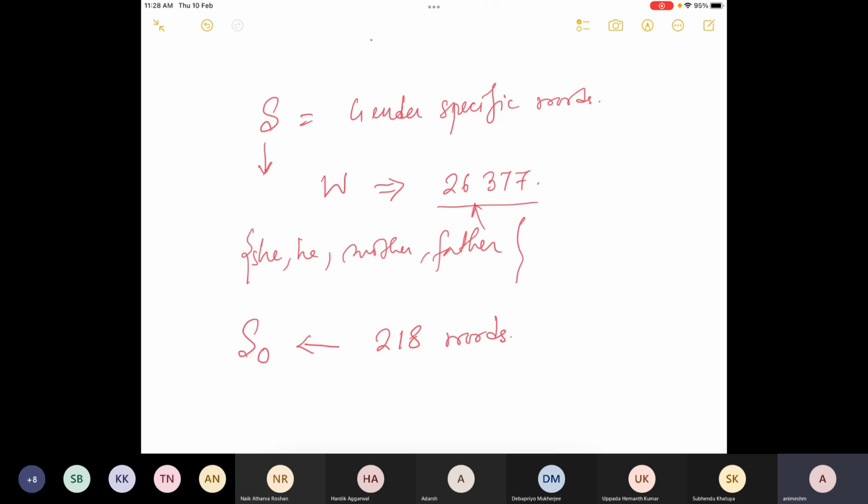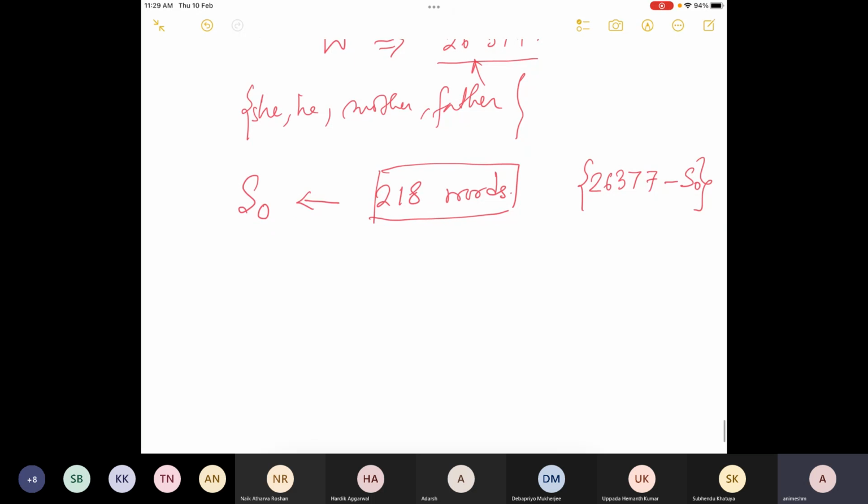Fine. So out of these 26377 words, 218 words were marked as S0. And you had the remaining W minus S0 words left.